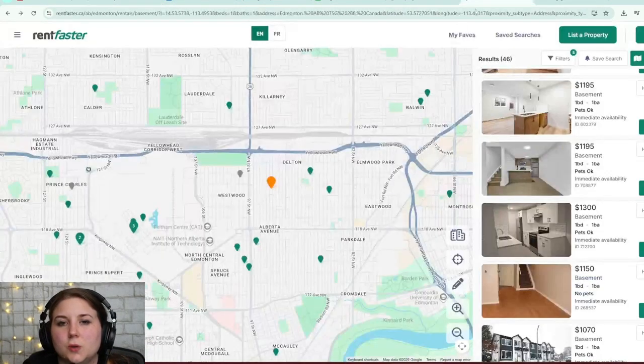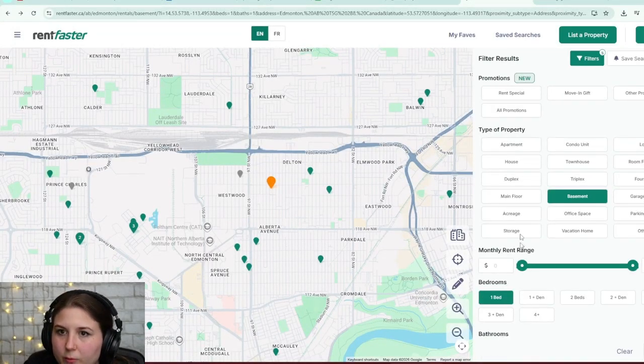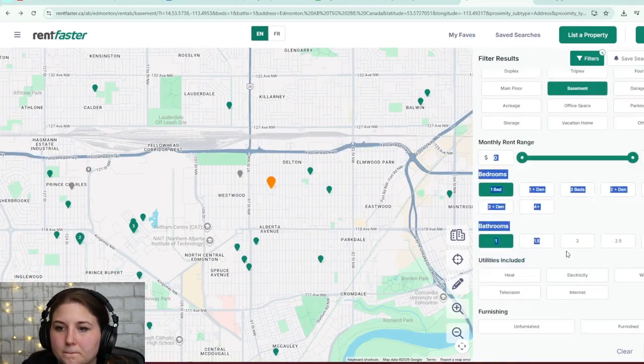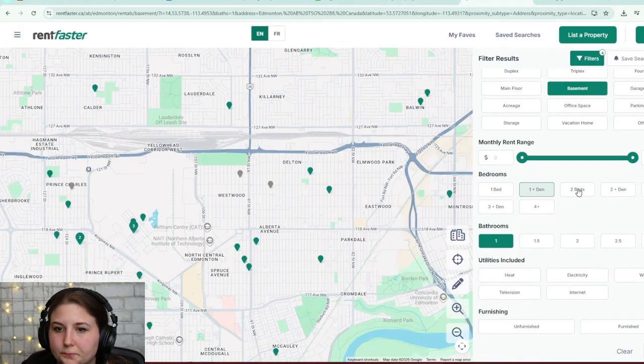So we're going to hop back over to our favorite legging site at the moment. We can start with the basements first. And we're just going to bump this up to 2 beds.